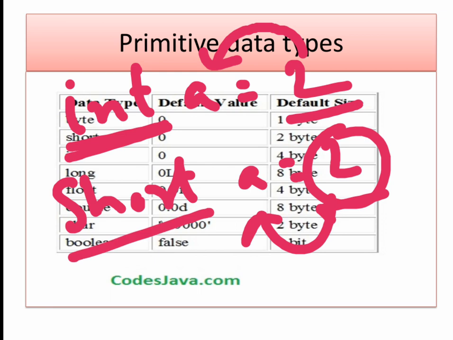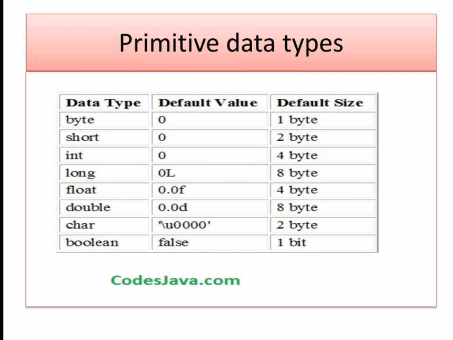What does this mean? An integer data type takes 4 bytes of memory, and the short data type takes 2 bytes. When we need a small memory range, we can use short for storing values.